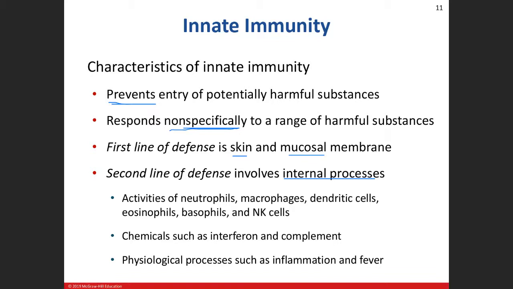We're going to talk about some of our leukocytes, the macrophages and what they do, neutrophils, basophils, mast cells, all these different types of cells that are going to be involved once that pathogen has penetrated our first line of defense. And then we're going to throw some chemicals at it. We're going to talk about interferons. We've actually synthesized drugs from interferons. And then also complement.